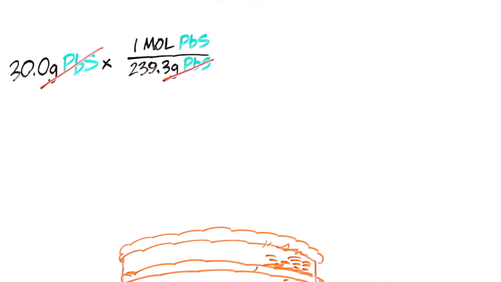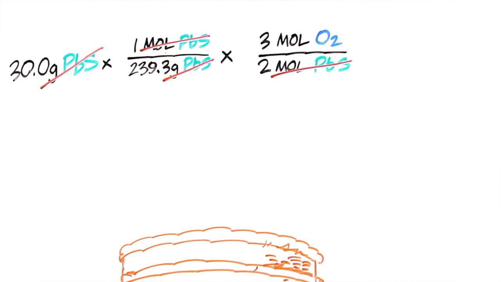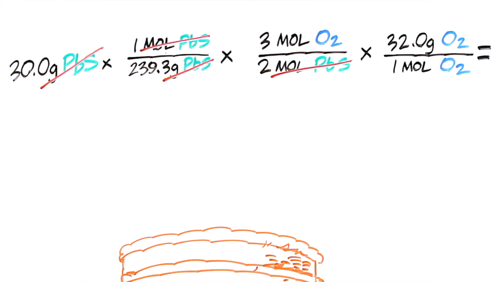Now that we're in moles of lead-2 sulfide, we can multiply by the next conversion factor, which is 3 moles of oxygen gas per 2 moles of lead-2 sulfide, to cancel out moles of lead-2 sulfide. Since we need to find grams of oxygen gas, the next conversion factor is 32.0 grams of oxygen gas over 1 mole of oxygen gas. So moles of oxygen cancel out, and we're left with our final unit, grams of oxygen gas.